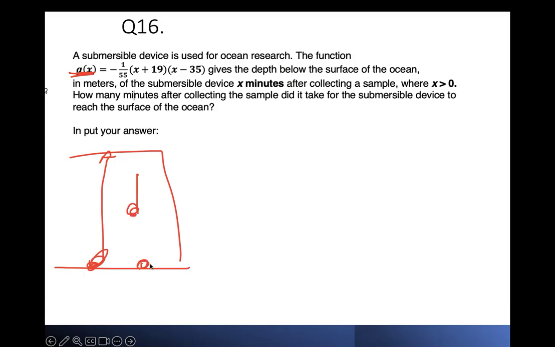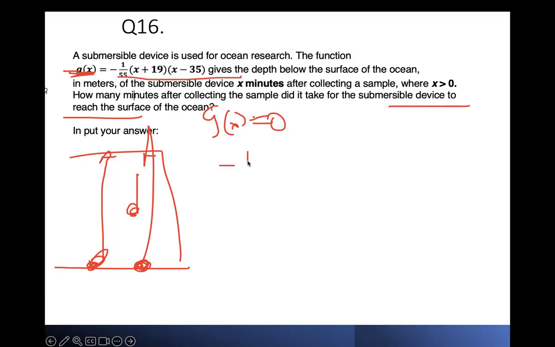The question is asking, after you get the thing, you got to go back. That means the only way you can go back is when what? The surface is 0. That means G of X is equal to 0. That's the depth. If you're going back, you have no depth below the ocean. They say coming to the surface of the ocean. That means equate all this to 0. That's all. And solve it in the quadratic equation.